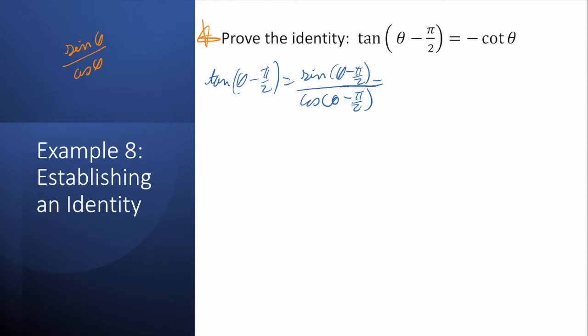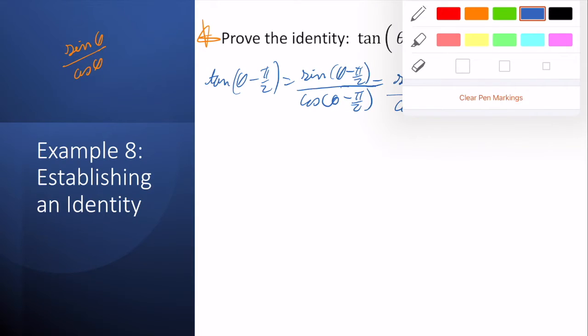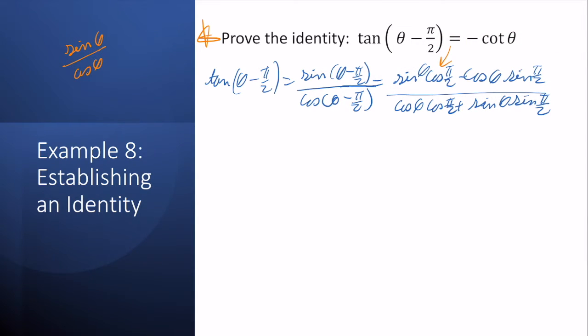So I'm going to take sine of theta cosine pi over 2 minus cosine theta sine of pi over 2, all that over cosine theta cosine pi over 2 plus sine theta sine of pi over 2. Now I don't know what theta is, but I do know quite a few things. So first, I know that cosine of pi over 2 is 0.